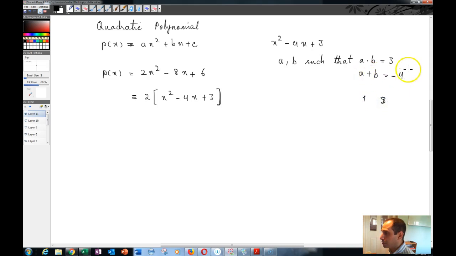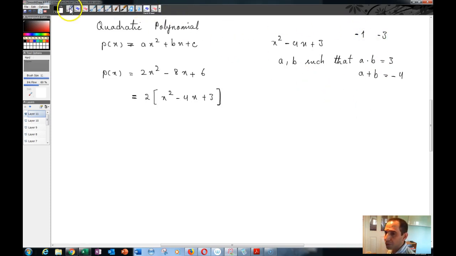And a plus b is equal to negative 4, so you can take both of them as negative 1 and negative 3. So a plus b is equal to negative 4, a times b is equal to positive 3. So your numbers are negative 1 and negative 3.